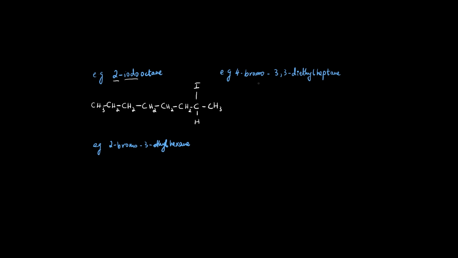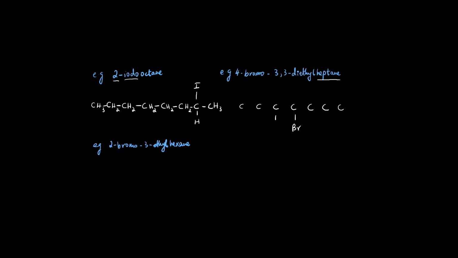Now 4-bromo-3,3-diethylheptane. Now first of all, look at what the longest carbon chain is. Look at that. It is 7 carbons. So let's do that. 1, 2, 3, 4, 5, 6, 7. The fourth carbon has a bromine on it, so let's put that.